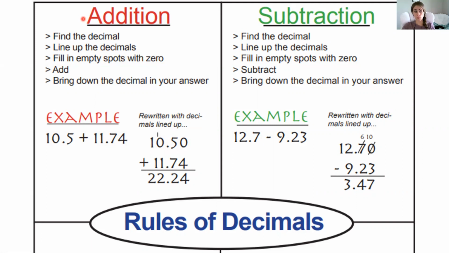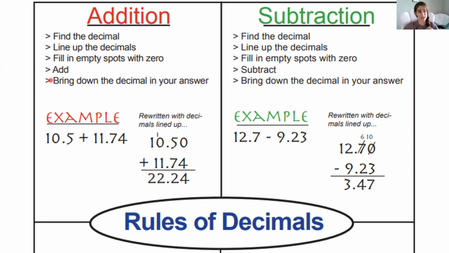The key for both of these is you need to ensure that you line up your decimals. So when you're adding or subtracting, you do need to line them up, which does cause the need for you to fill in any empty spaces with a 0. And once you're done adding, you just bring that decimal point straight down and you're good to go.